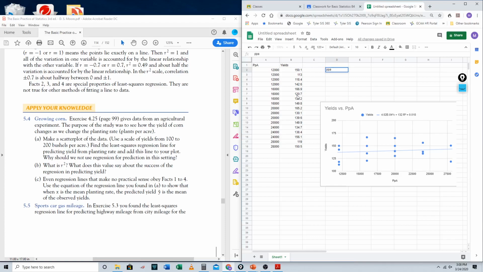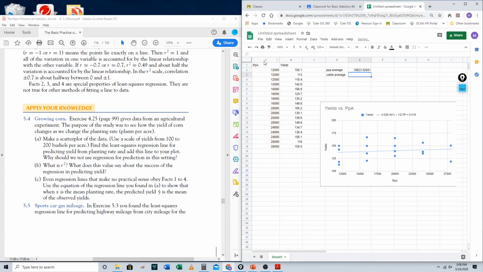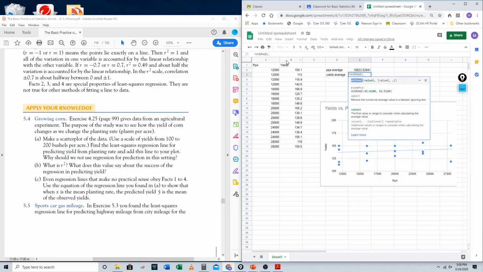Plants per acre average, and then yields average. So we're going to set the formula equals average of this column, and equals average of this column.